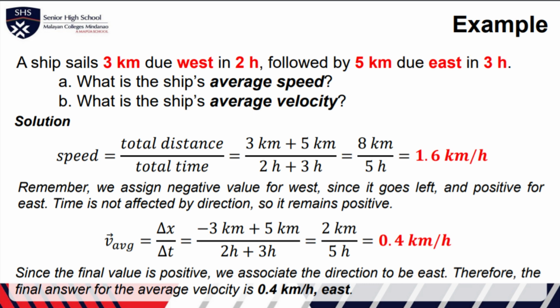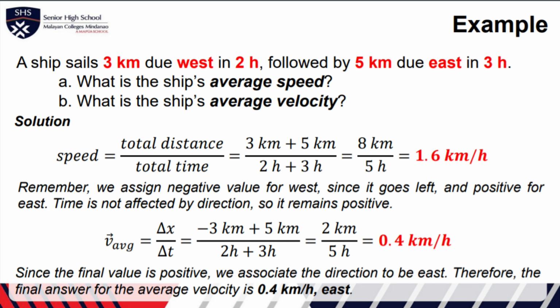So 8 divided by 5 will give you 1.6 kilometers per hour. But since we need to consider the significant figures, we need to put it as 2 kilometers per hour, as the least significant figure in the problem is only 1.